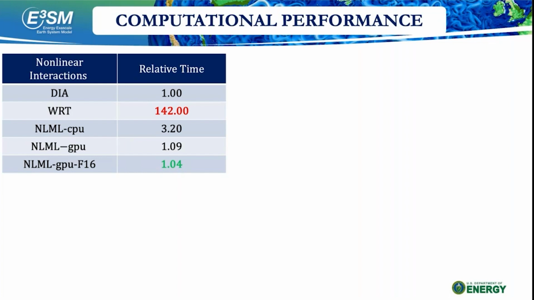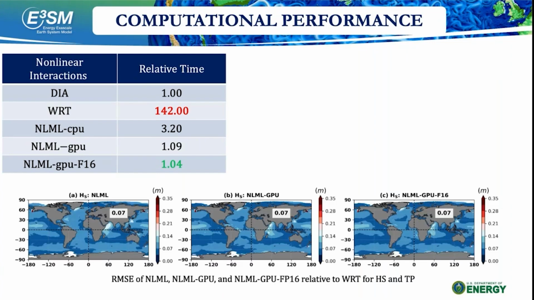So we need to test if error may arise from our difference in mathematical precision between CPU and GPU, and also between the GPU and the half precision inference. So this is showing here the root mean square error compared to WRT. The first one is our default model on CPU, and the second one is on GPU, and then the third figure is showing GPU with half precision inference.